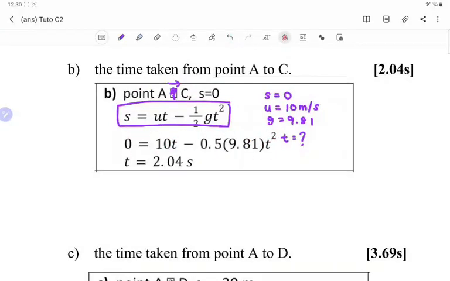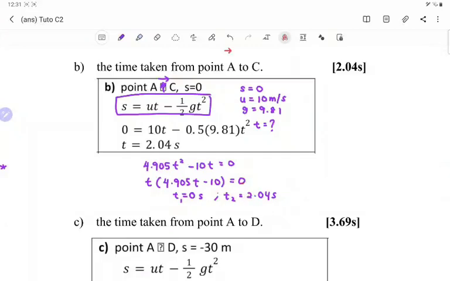So you just have to solve it. Okay, and then you will get T equals to 2.04 second. And another T is actually equals to 0. So the most suitable answer for this situation, sebab motion dia from A to C is 2.04 second.